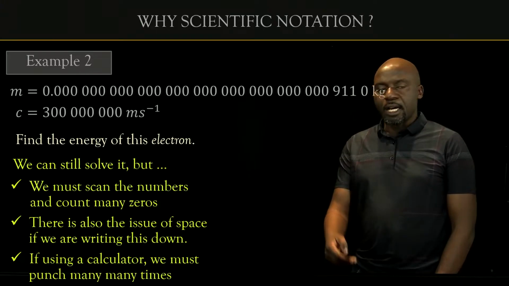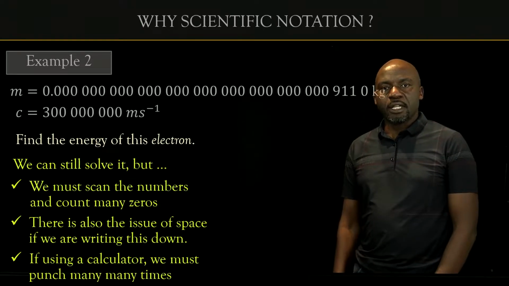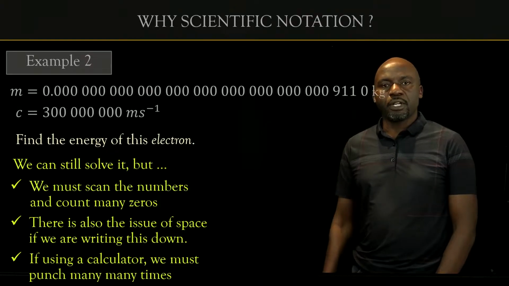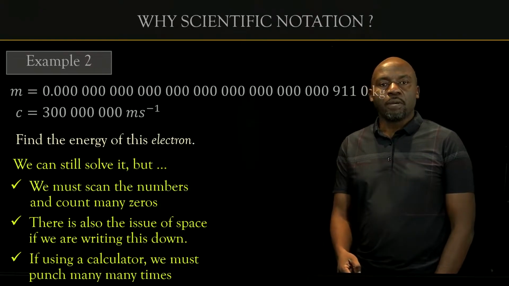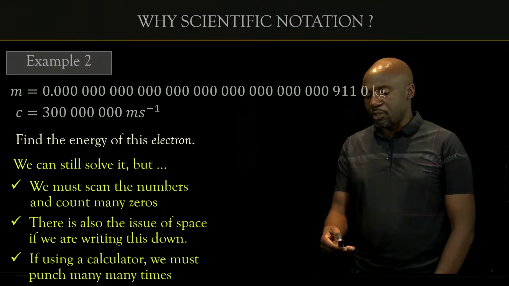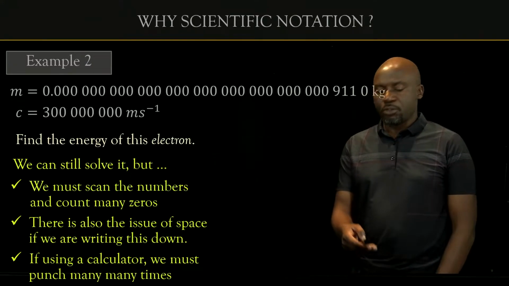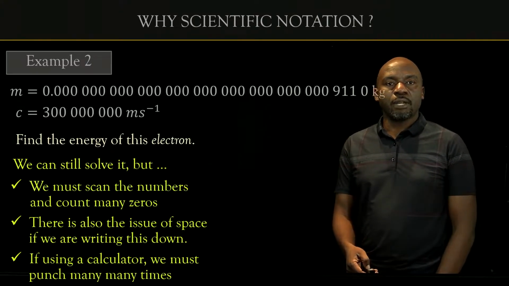Okay, here are other weird numbers that will make life very difficult when you want to perform some calculation. And these are numbers that you will meet in physics almost in every case. Okay, so here we go.